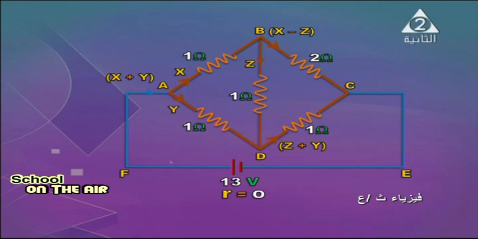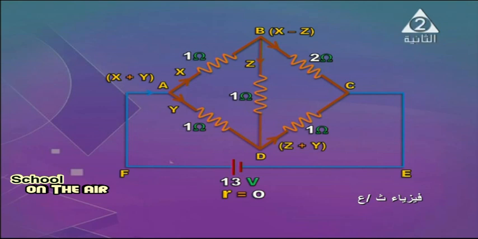It divides into 2 portions: portion X that flows through the 1 ohm resistor, the arm AB, and portion Y that flows through the arm AD. So the current that reaches point B is X. What happens at B? It will divide.